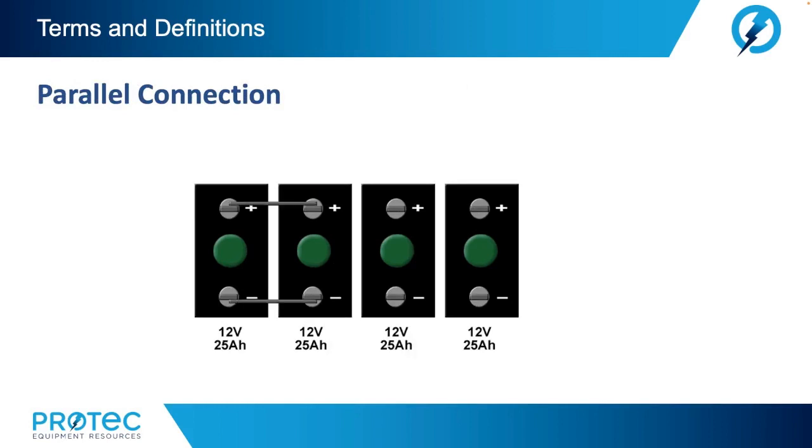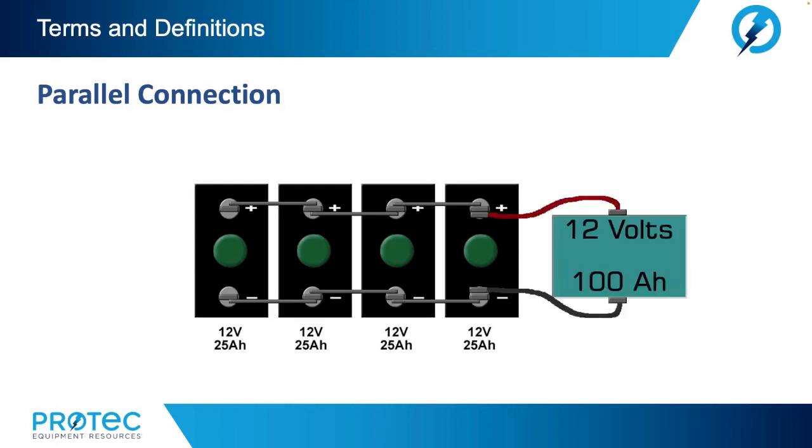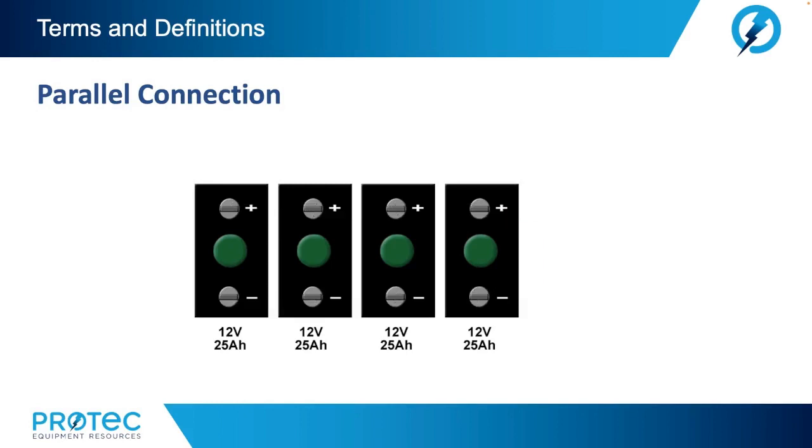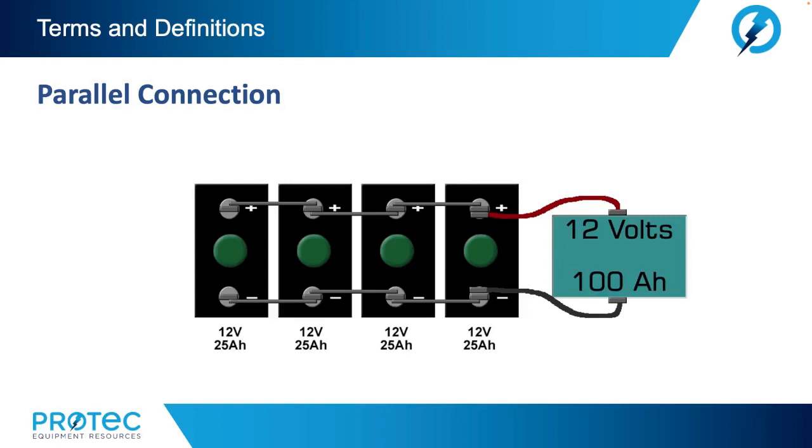Now, a parallel connection is made when connecting from a positive terminal on one battery to a positive terminal on another battery. Now, in a parallel connection, the ampere hours will add, but the voltage will remain the same. So, for example, as we see here, 4 12-volt 25 ampere hour units connected in parallel would result in 12 volts, but now we would have 100 ampere hours.